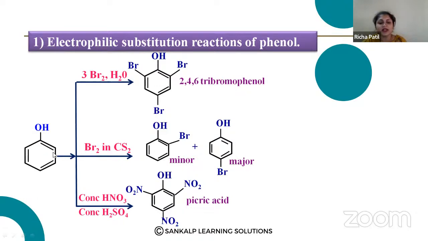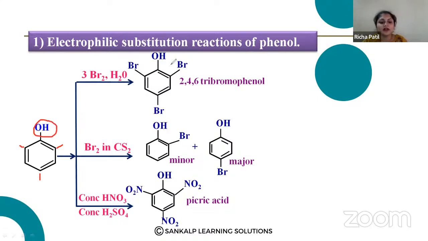So whatever the incoming electrophile is, because of the presence of the hydroxy group, it will take the ortho and para positions. You know what the ortho and para positions are, right? This is the ortho position and this is the para position with respect to your OH group.